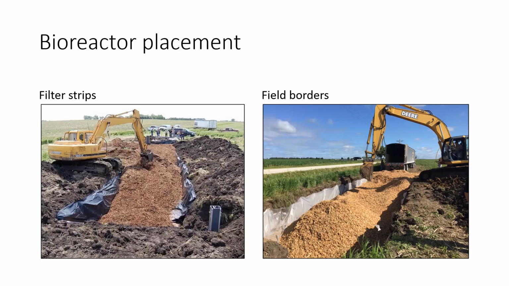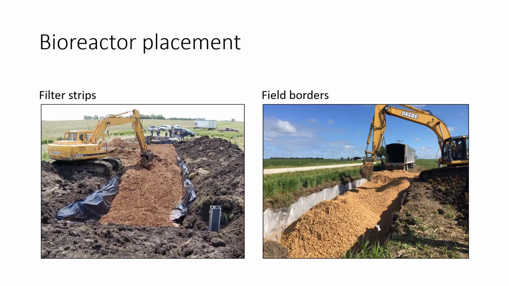Bioreactor placement. When bioreactors first came out, we were really looking to put bioreactors only in those filter strips next to a stream edge where there's an outlet to the stream, or maybe another body of water, and we would make bioreactors work there. Now we're finding that we can actually place bioreactors further up in the landscape, not necessarily along the stream edge, but along field borders.